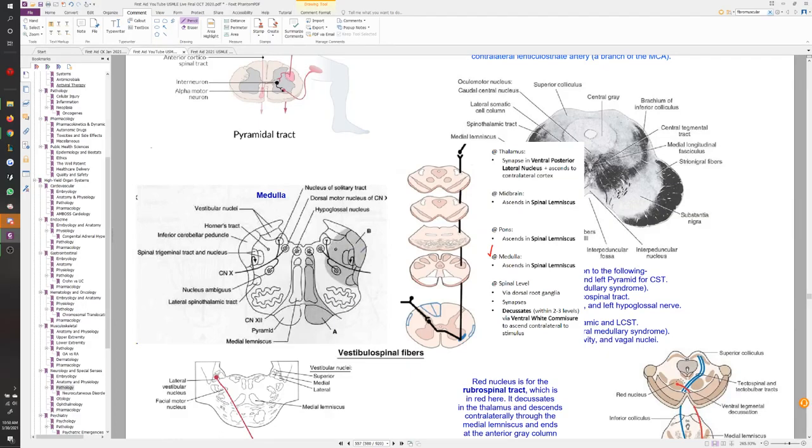Well, it's B, because this segment is encompassing this segment, which means the person with the B injury, a hemorrhage in the B area, is going to lose spinal lemniscus, and that's going to cause loss of spinothalamic function, but on the other side. This is occurring on the left side of the brain, so this person is going to lose it on the right side of the arm or right side of the leg, depending on which level the injury occurred at.